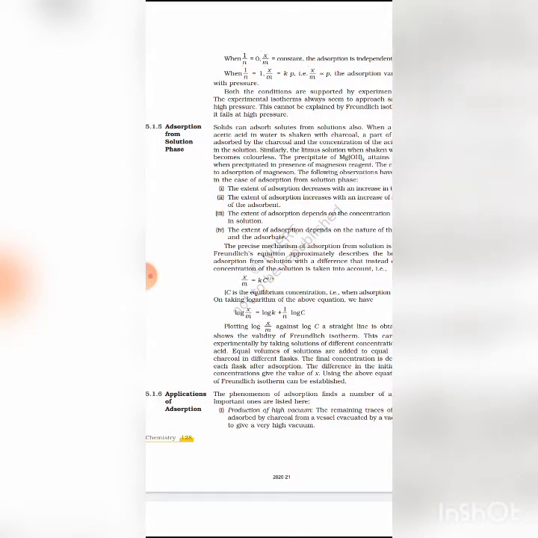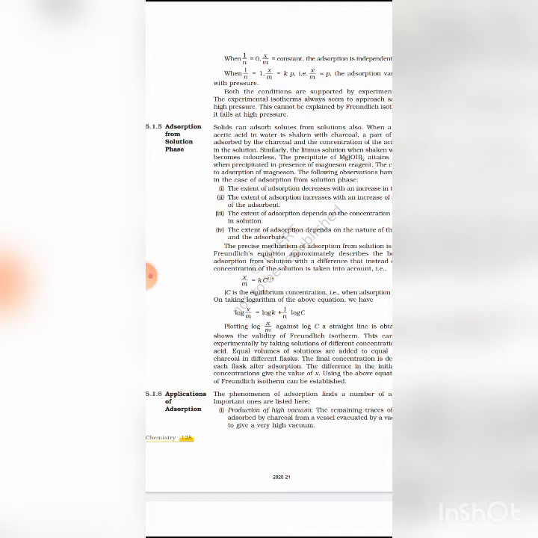Now adsorption from solution. The Freundlich adsorption isotherm between x by m, that is the mass of solute adsorbed per gram of the adsorbent, and the equilibrium concentration C is given by the expression x by m equal to K into C to the power 1 by n.